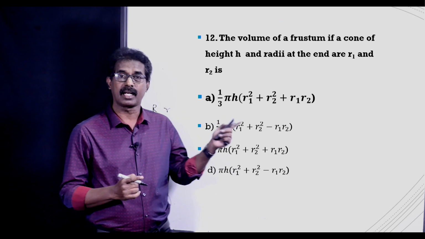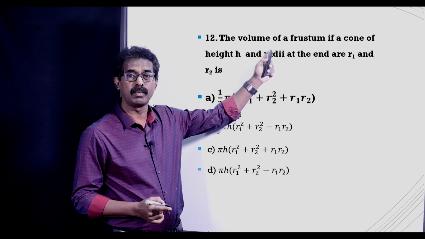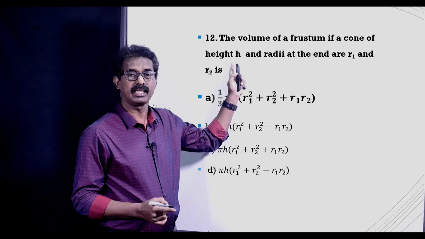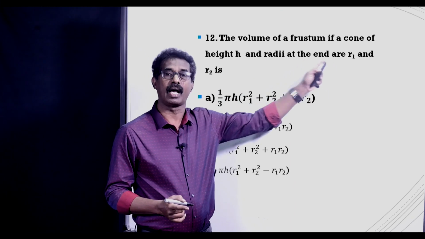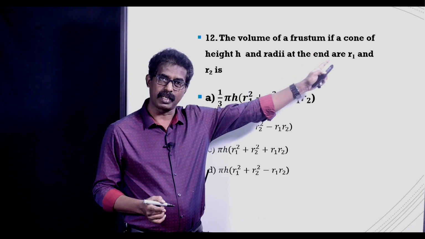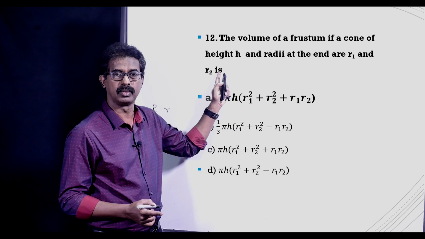But instead of capital R and small r, here they used R1 and R2. Read the question carefully. The volume of the frustum of the cone, the height is h, and the radii at the ends are R1 and R2. Instead of capital R, they gave R1, and for small r, they gave R2.